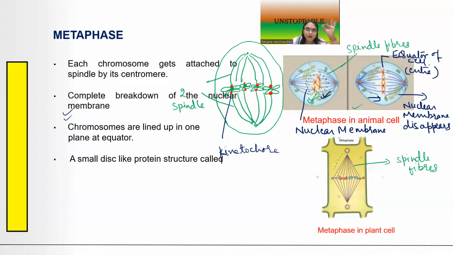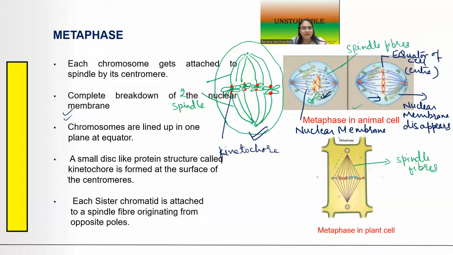On the center of the cell all the chromosomes have come and aligned themselves, and the spindle fibers, what do you see? They have almost reached the chromosomes and they have attached themselves to the kinetochores of the centromere. Kinetochores are present near the centromeres in this particular diagram that I have drawn. Okay? Here you see the red colored kinetochores, to which all the spindle fibers have attached themselves. Okay?